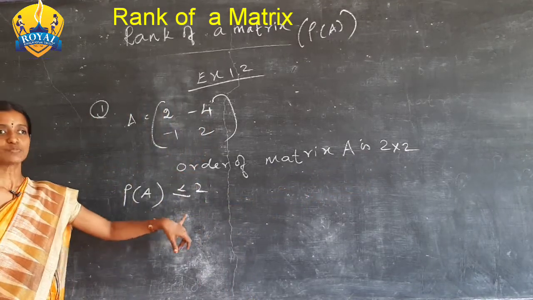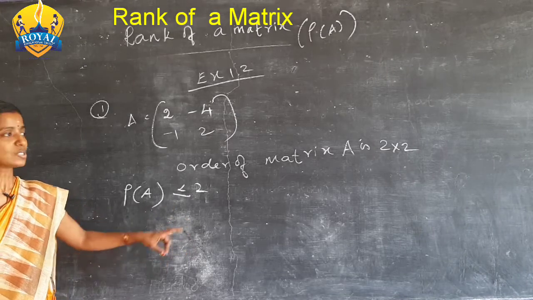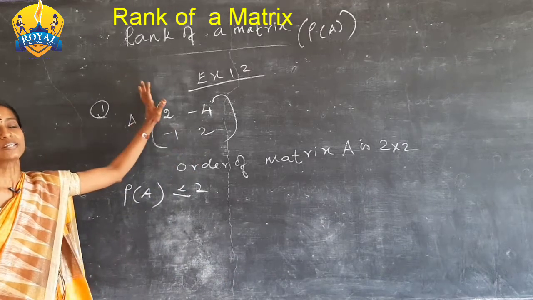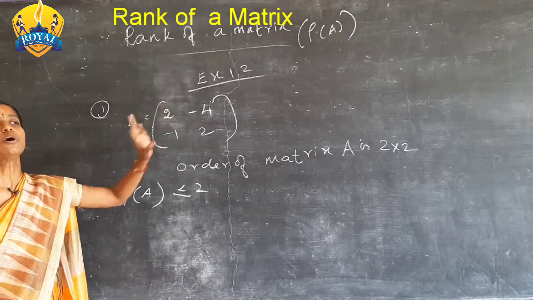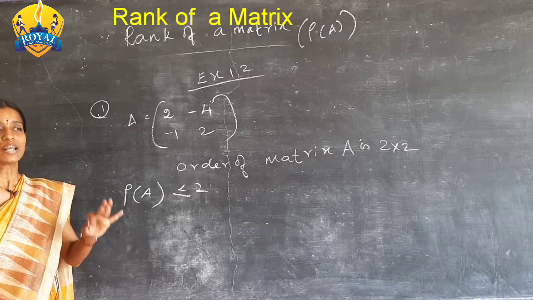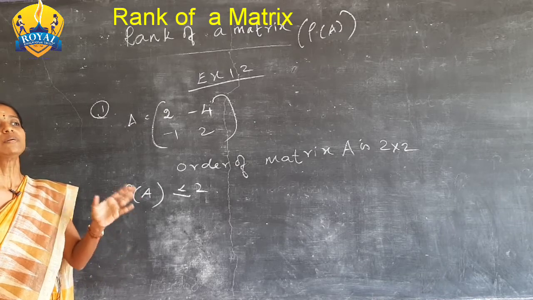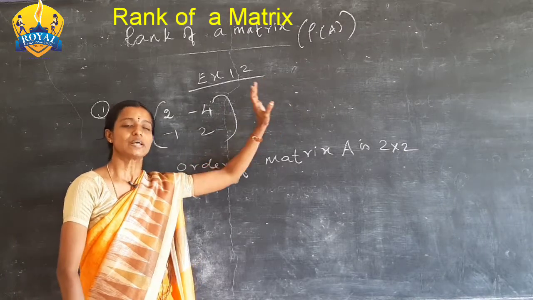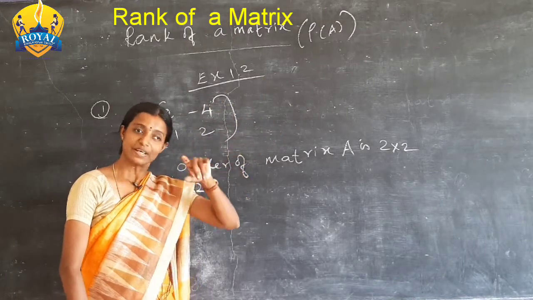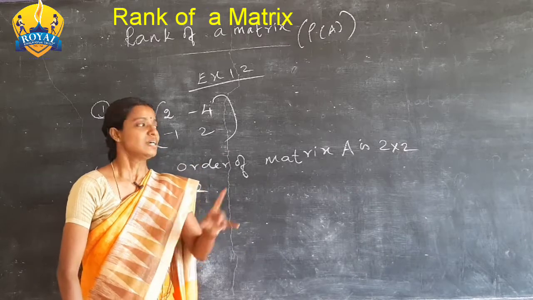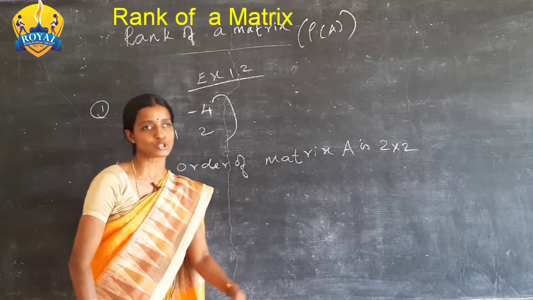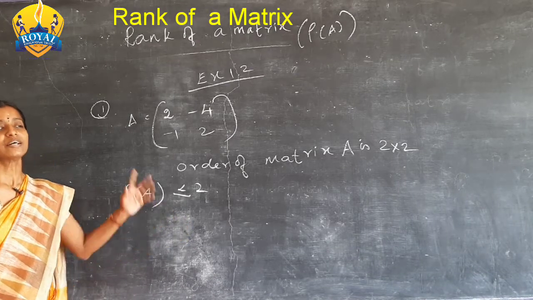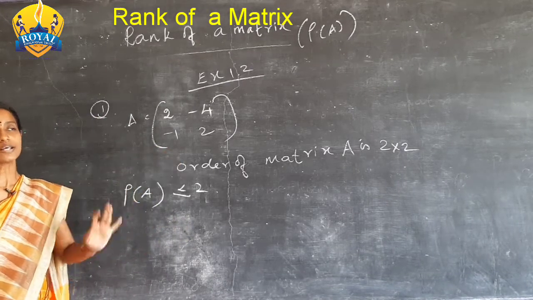Suppose my order is 3 cross 4, then my rank of a matrix should be the minimum of the given order, so the rank should be either equal to 3 or less than 3. Now since I have 2 cross 2, the rank will be equal to 2 or less than 2.